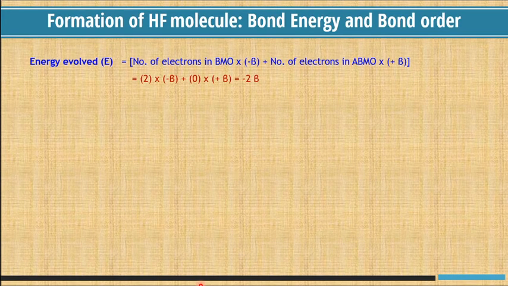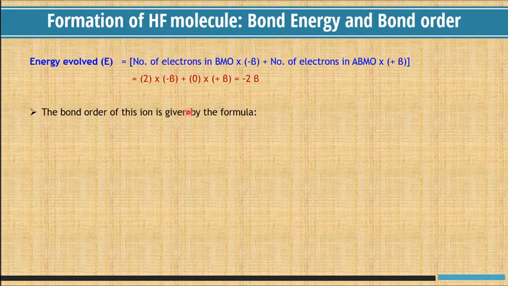Let us consider the bond energy and bond order in the case of the HF molecule. The energy involved in the formation of the HF molecule can be calculated as the number of electrons in BMO into minus beta plus the number of electrons in the antibonding molecular orbital into plus beta, that is equal to 2 into minus beta plus 0 into beta, so that is equal to minus 2 beta.